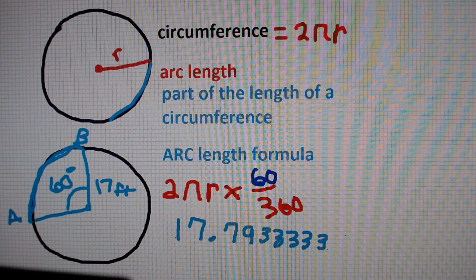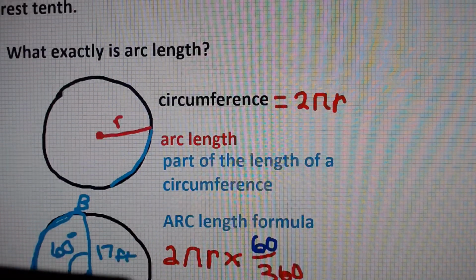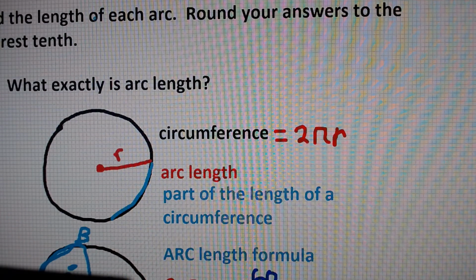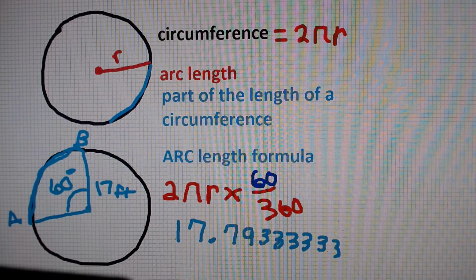When I multiply it out, I get 17.79333333. I'm going to get rid of some of these numbers because remember in the instructions it said find the length of each arc and then round your answers to the nearest tenth. And so I'm going to round this to the nearest tenth.